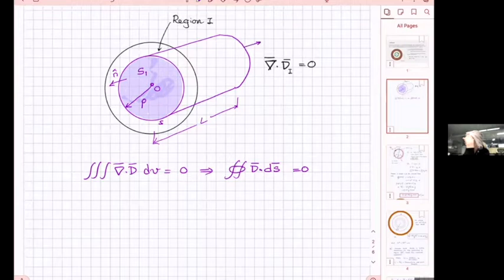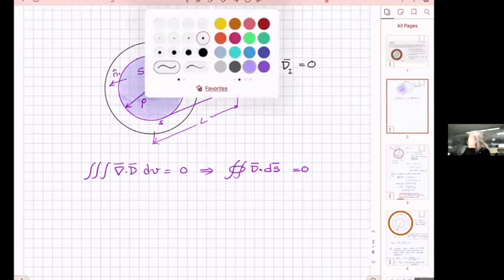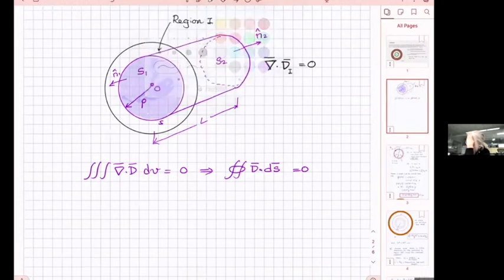The other surface here, S2, on the back side, it's three-dimensional, has N2, which is along the opposite direction of N1. And then we have the side surface, which is this one.